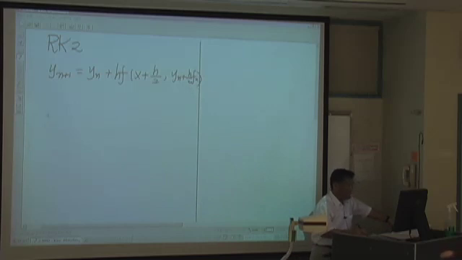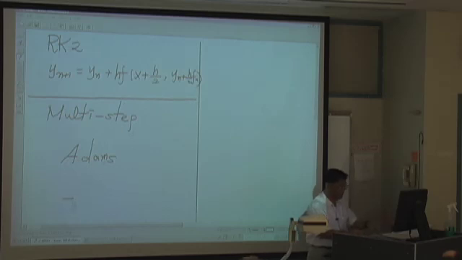Then, now, beginning of multi-step method, I mentioned multi-step, and Adams developed the idea, and divided difference method. I will write it.